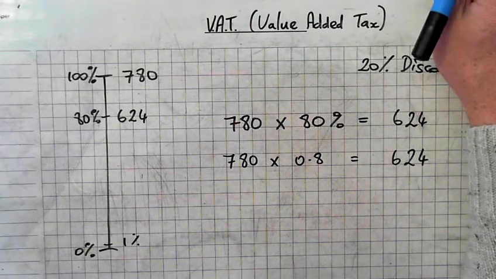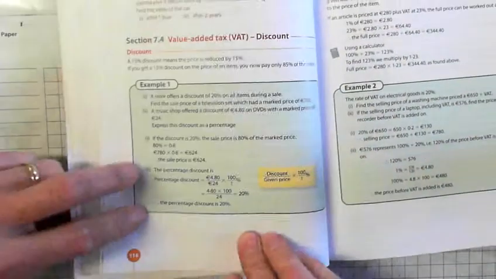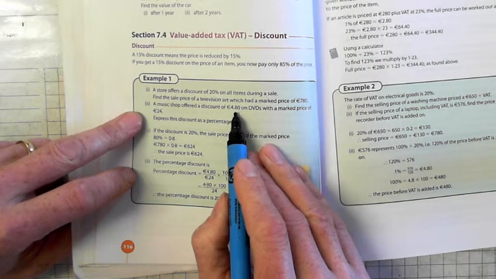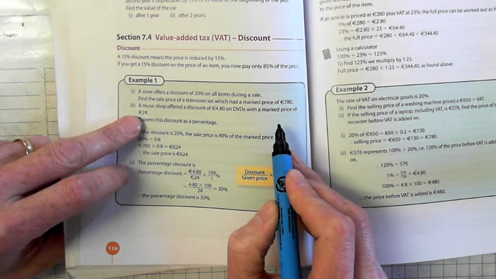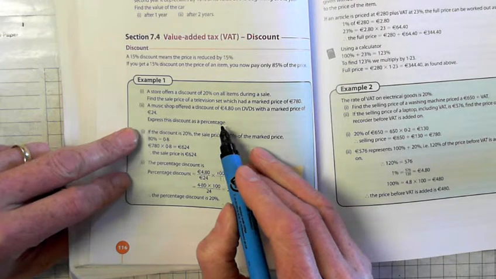Okay, part 2. So, again, page 116. A music shop offered a discount of €4.80 on a DVD with a marked price of €24. Express this discount as a percentage. Okay.